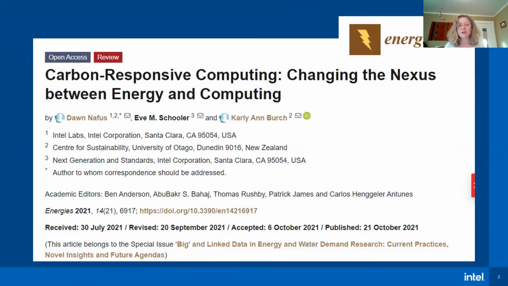The paper has a lot of meaty technical detail in it, but because I'm the anthropologist on the paper, I'm going to give a much more socio-technical view, a big, broad overview of what I see happening as changes in computing infrastructure, changes in energy infrastructure, and how those come together.